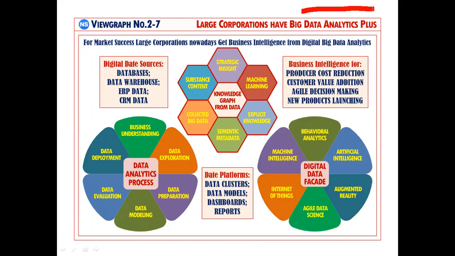Big data is stored and then artificial intelligence is used to analyze that data, which gives an advantage. In what way? Business intelligence is acquired from this big data analytics. What are those? To enable them to achieve cost reduction, customer validation, agile decision-making, and new product launching.